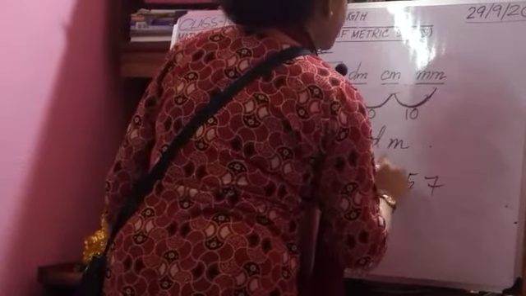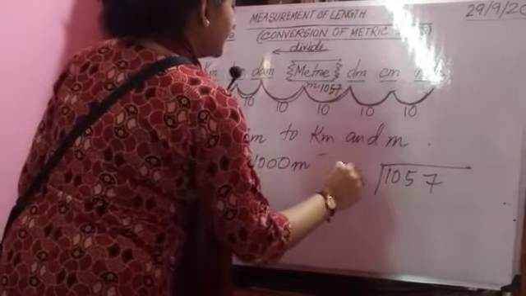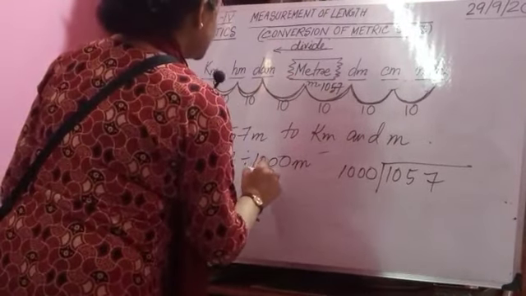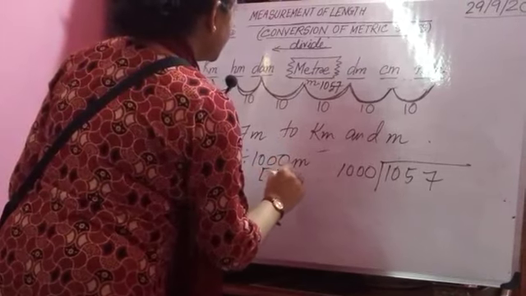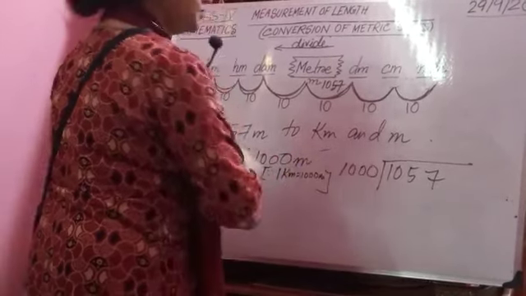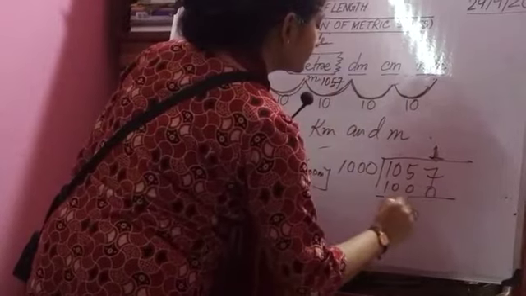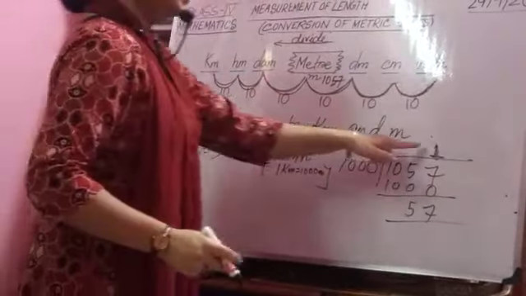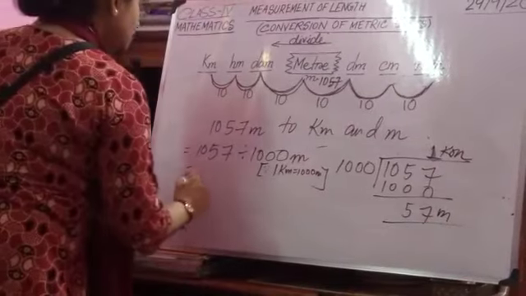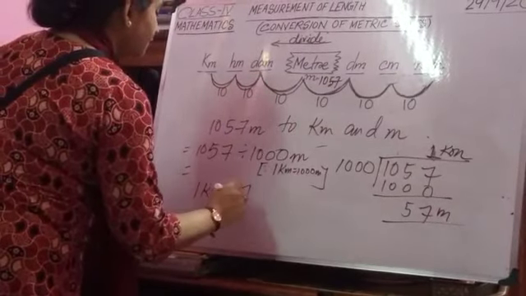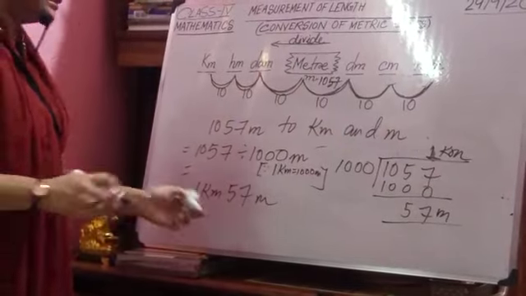Let us see. 1057 divided by 1000, since 1 kilometer is equal to 1000 meter. 1000 ones are 1000, and 57 remains. So it is sitting on top; it will get the higher unit, greater unit, and this one the smaller unit. So 1 kilometer 57 meter. This is your answer.